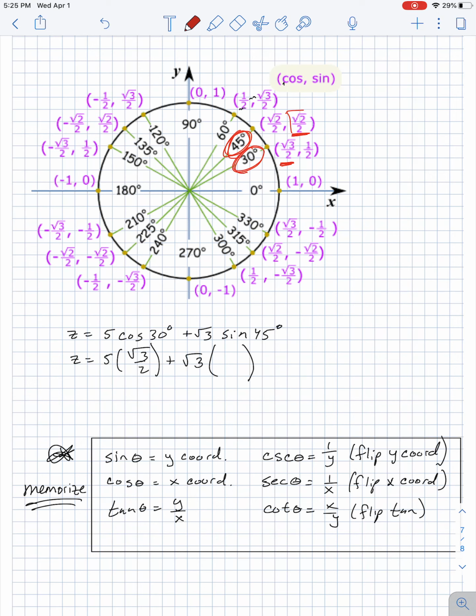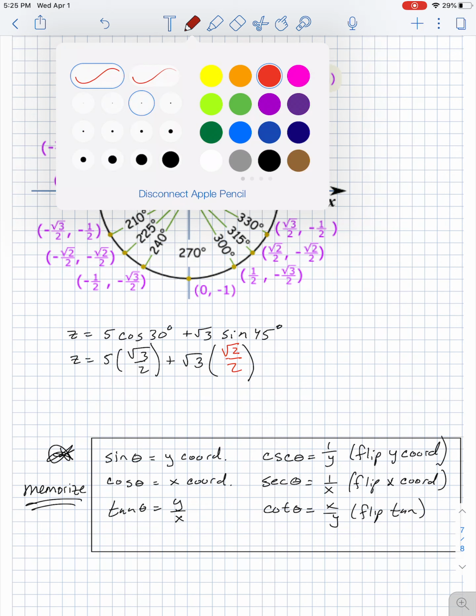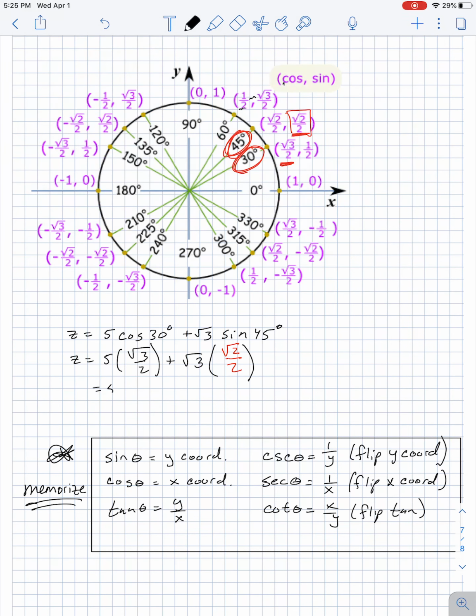So I look right here, oh, that's root 2 over 2. And then I can do the math just like normal. So 5 root 3 over 2 plus root 6 over 2, which is 5 root 3 plus root 6 all over 2. And that's your answer. So it's a lot faster than the triangles, and it's still giving you exact values.